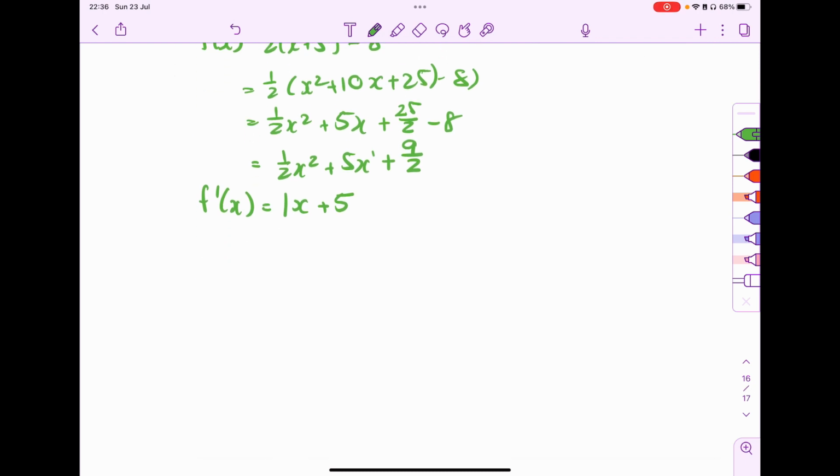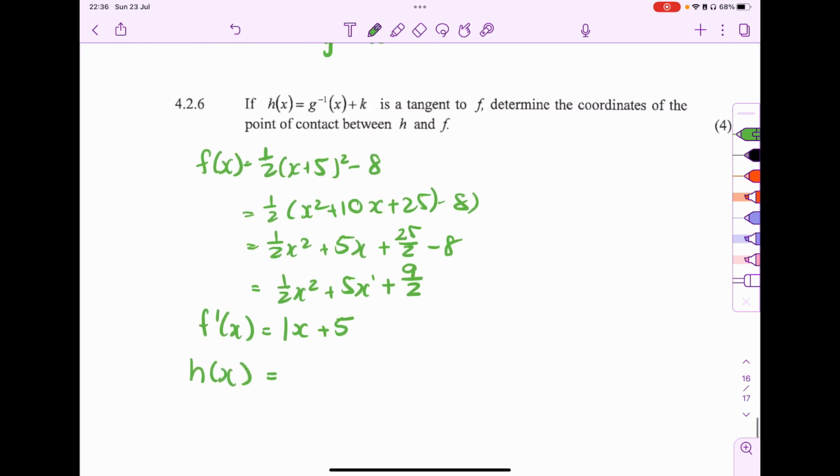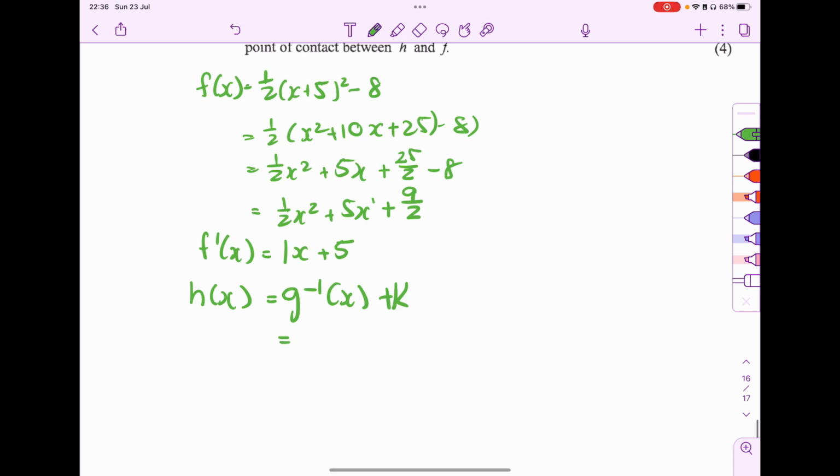Now let's write down what h of x is. Remember, we found out what G inverse is. It's 2x minus 9. Now, since this is a tangent to f of x, we can see that 2 is the gradient of the line of the tangent, right?